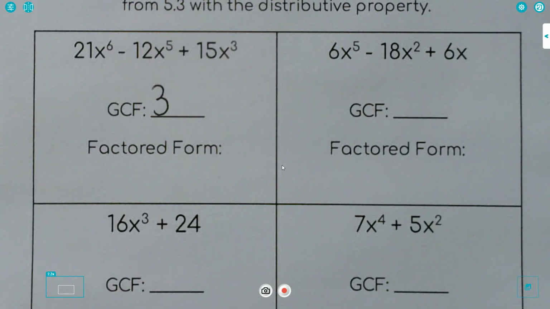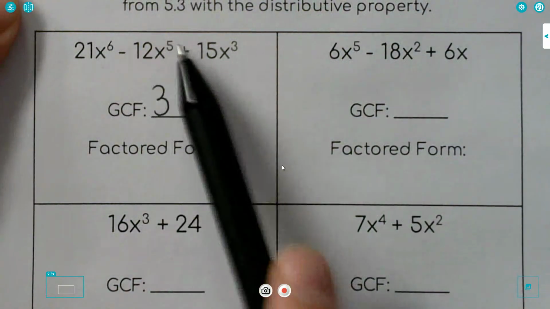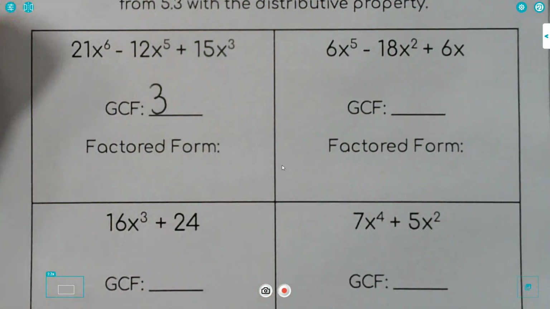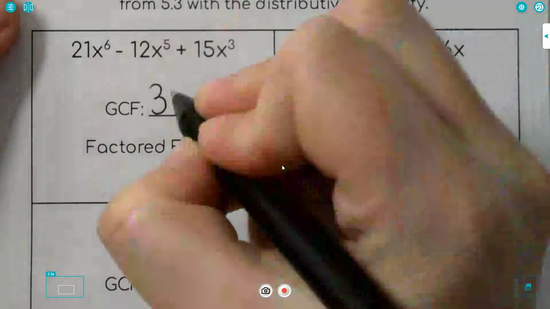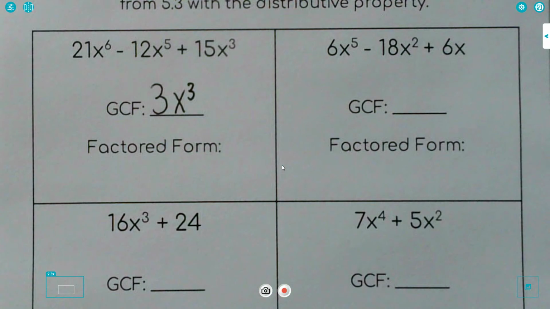So, from there now, we need to look at our x's. We've got x to the 6th, x to the 5th, x to the 3rd. Which one has the least? The x to the 3rd. So we can pull out x to the 3rd. So our greatest common factor here is 3x to the 3rd. That's the most challenging part of today, figuring out what to divide everything by. Any questions about that?